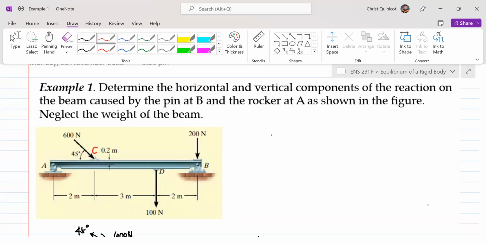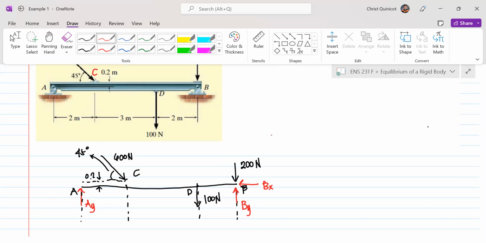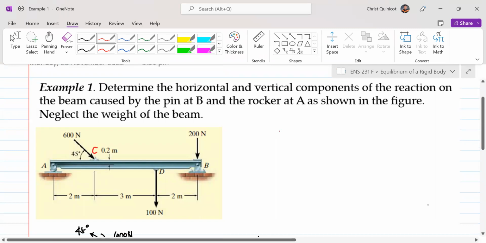So 200 is going down, 100 is going down. So in order for our structure to be in equilibrium, the horizontal component of our pin must resist the only horizontal force acting on our beam, and that is the x component of our 600 Newton, which is going to the right. Therefore, our x component at B will be going to the left.